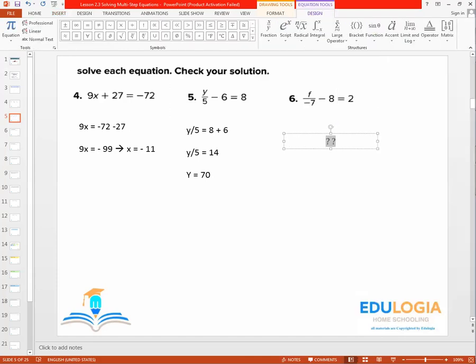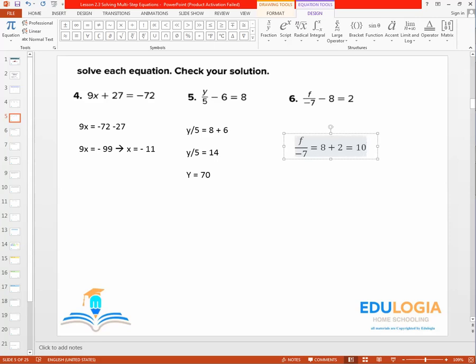We have f over negative 7 equals, transferring negative 8 to the right-hand side, 8 plus 2, which altogether is 10.